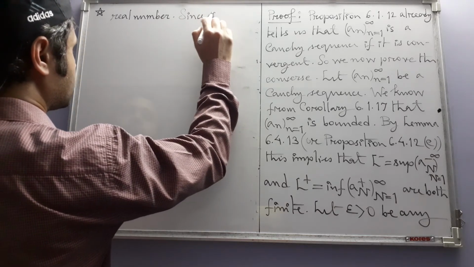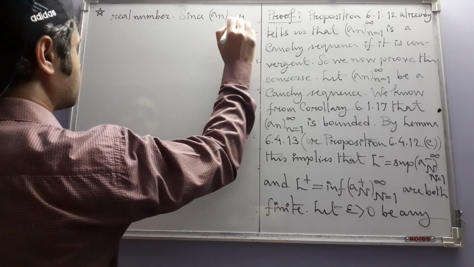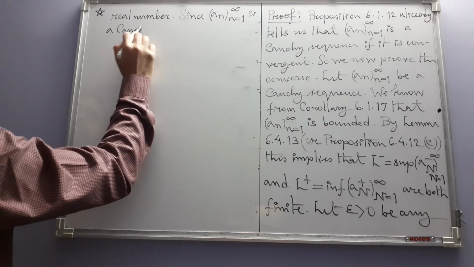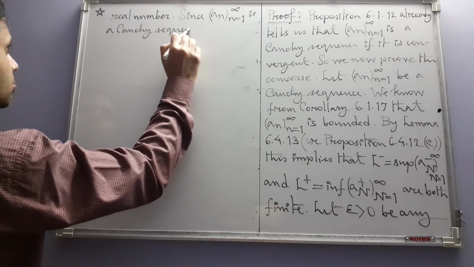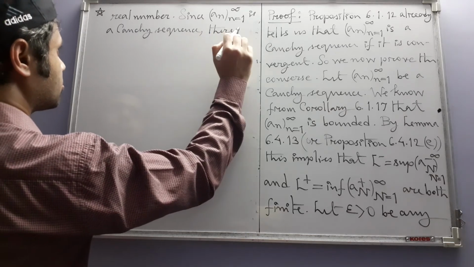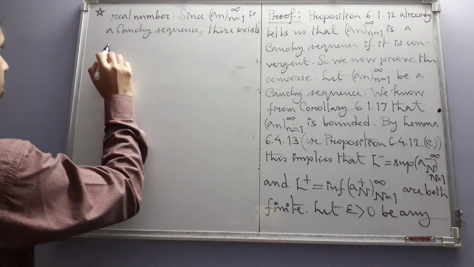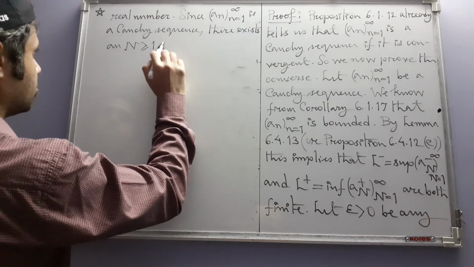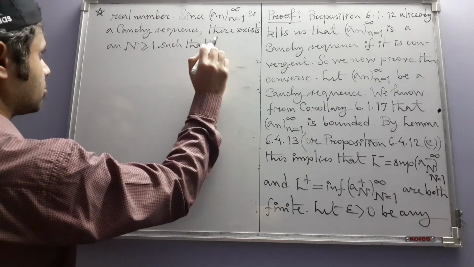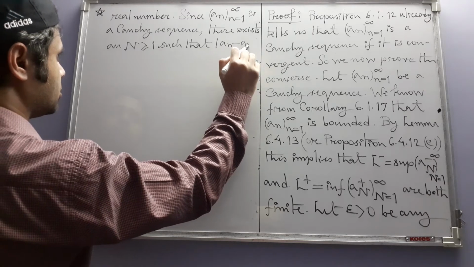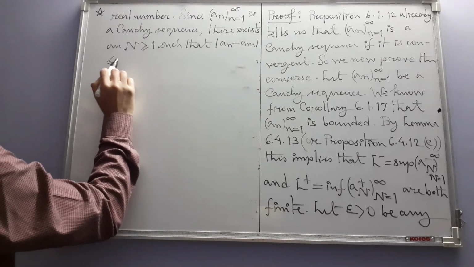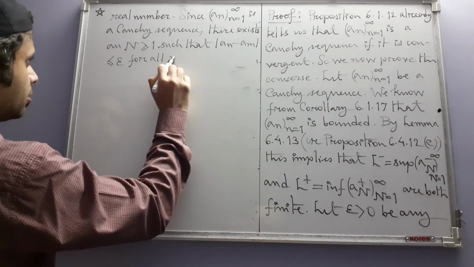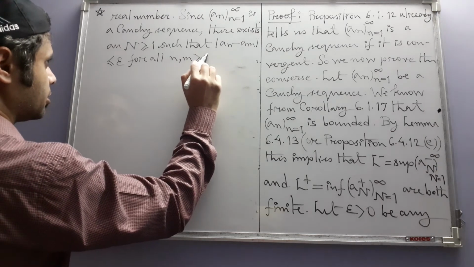Since this is a Cauchy sequence, there exists an integer N greater than or equal to 1 such that the distance between a_n and a_m is less than or equal to epsilon for all n and m greater than or equal to N.